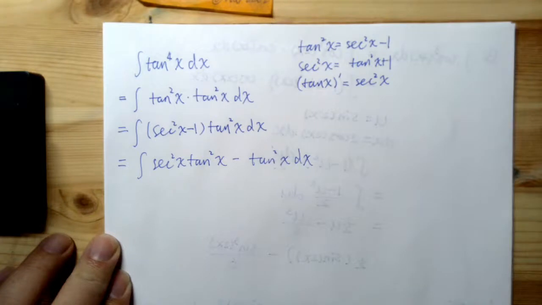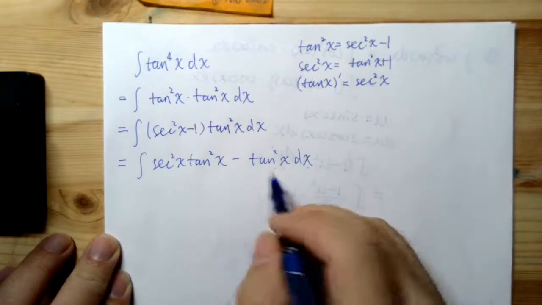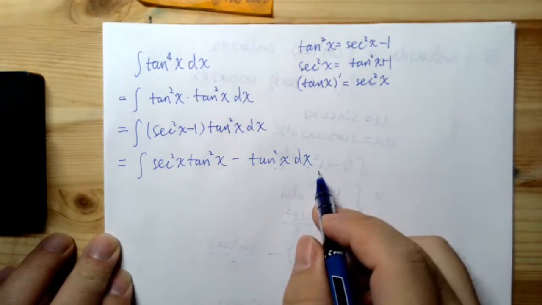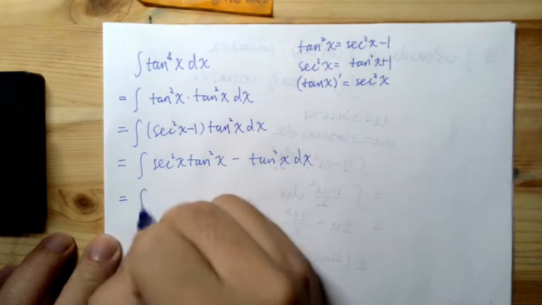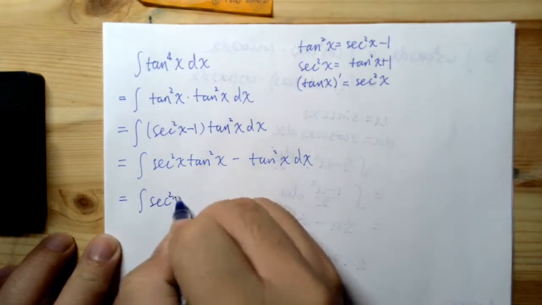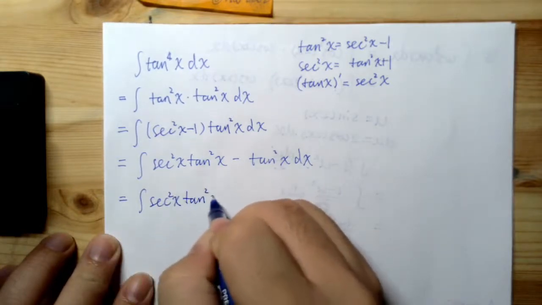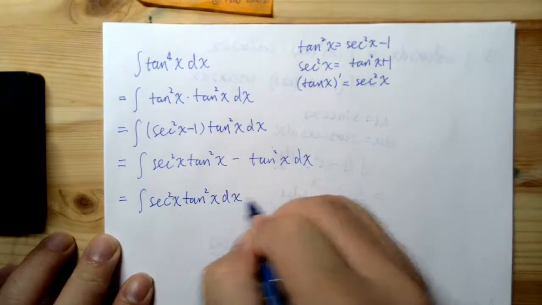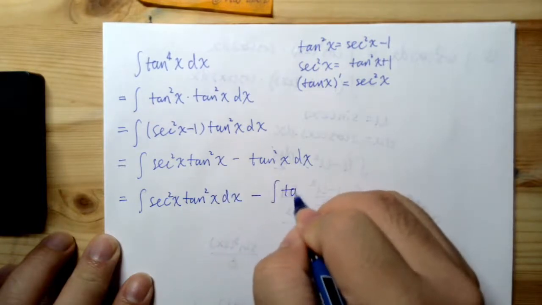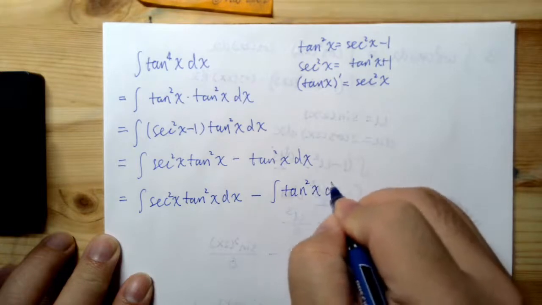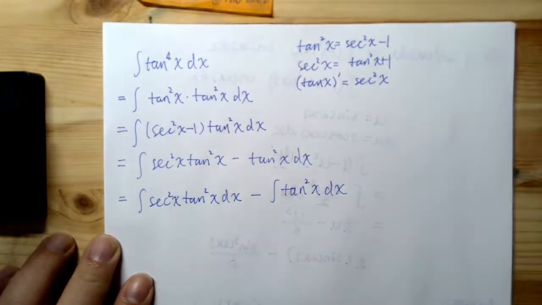It turns out that we can split this integral into two pieces, which is integral of secant squared x times tan squared x dx minus integral tan squared dx. Okay.